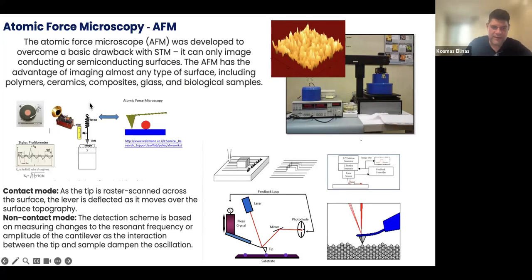The idea is quite simple. As the old gramophone worked and played music, we use again a small tip that passes through the topography in different modes, and by this interaction, we get this kind of profiles.